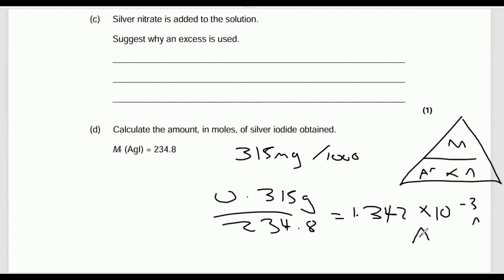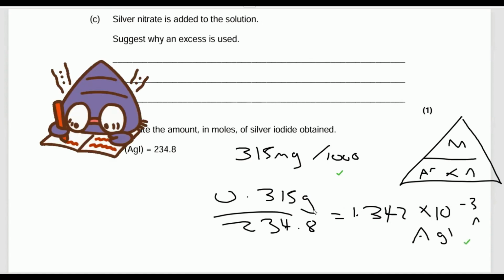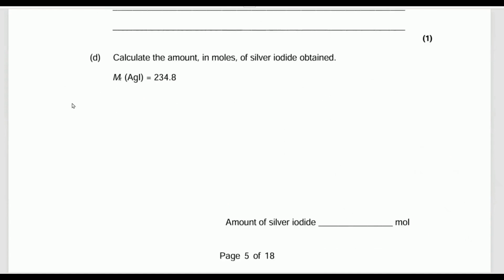And that is of silver iodide. I'm going to write that down because I'm probably going to need that later on. So there we go.